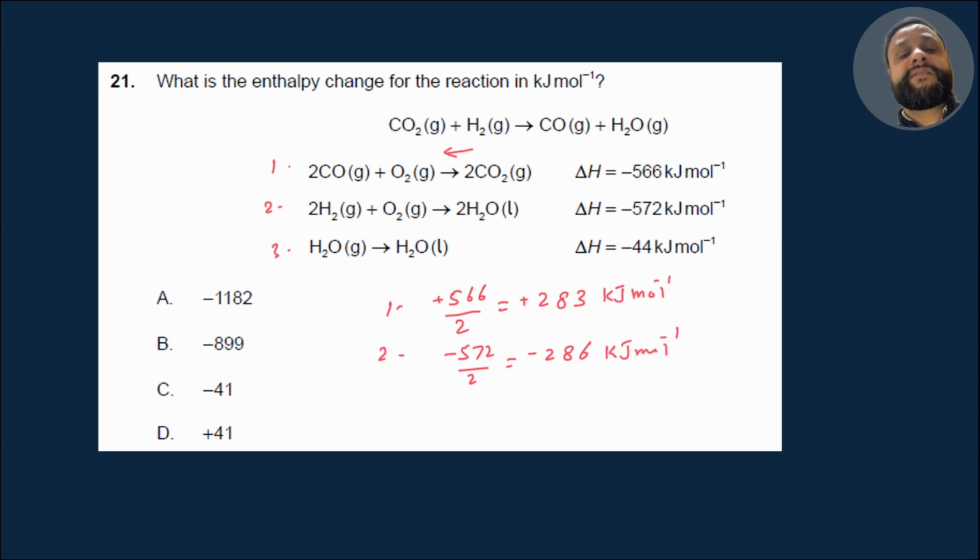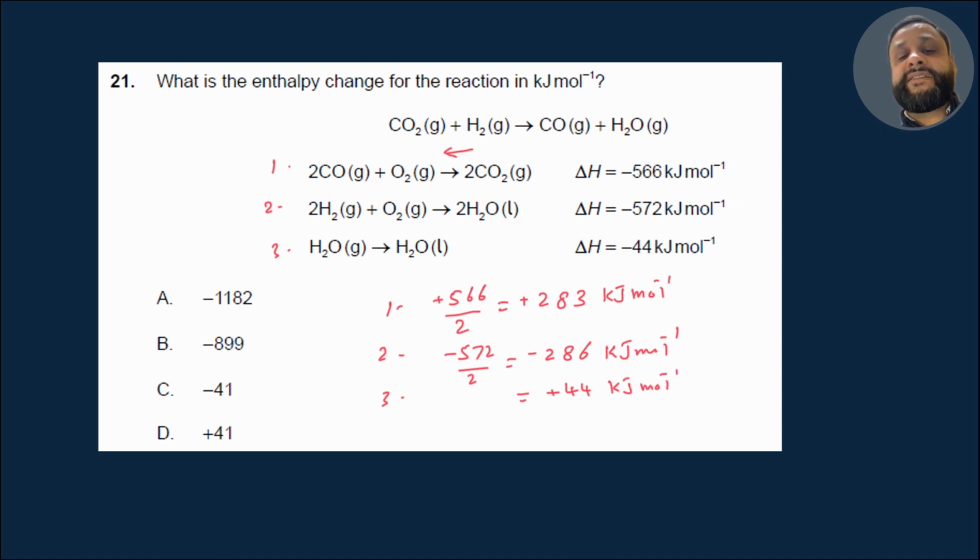Okay. So we want water, H2O gaseous, on the product side. We have it on the reactant side in equation 3. So we need to flip that equation. When we flip that equation, delta H becomes plus 44 kilojoule per mole.